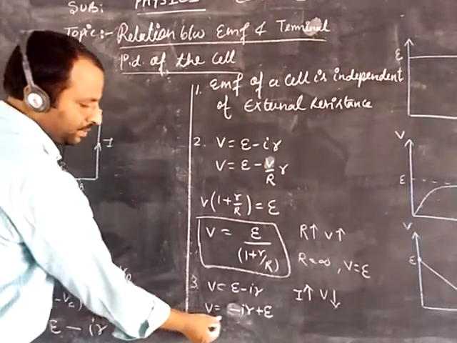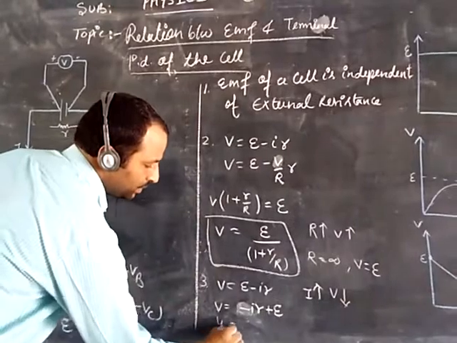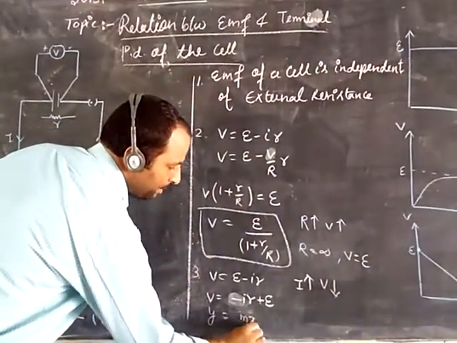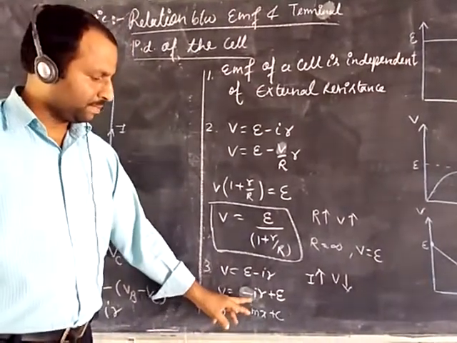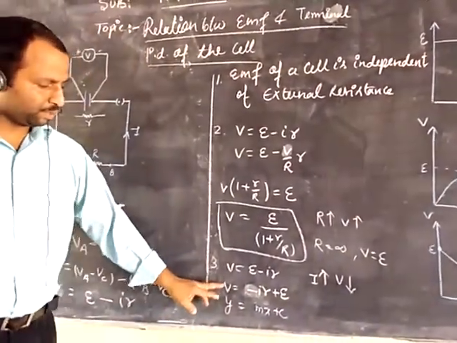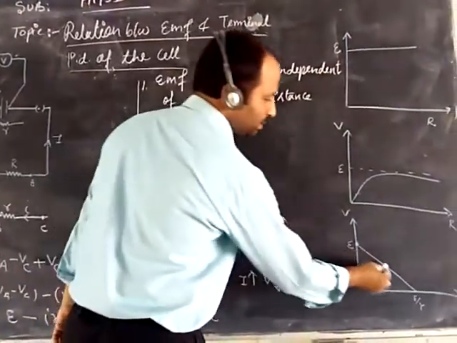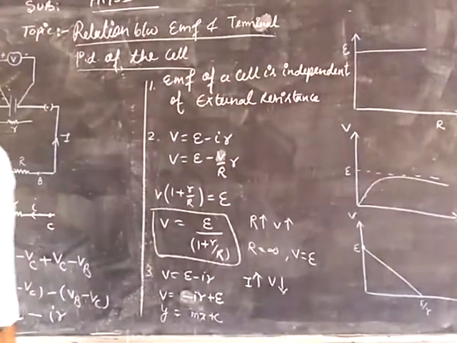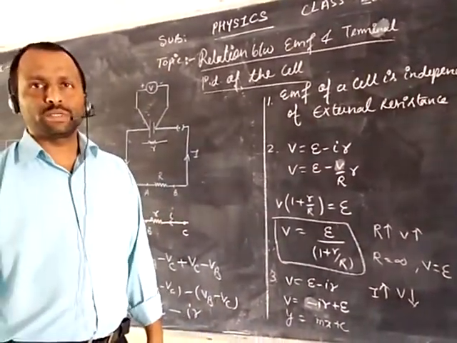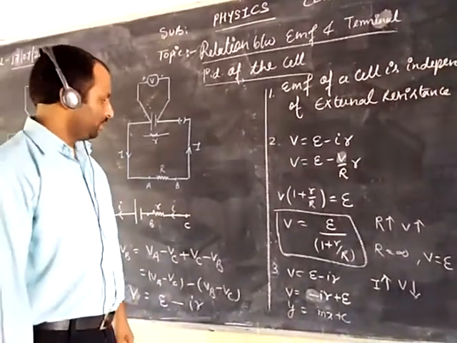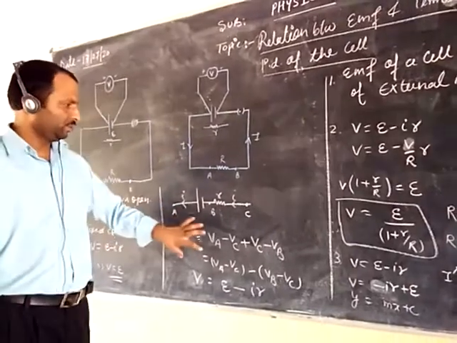If we compare this equation with y is equal to minus mx plus c, m is the slope, that is minus r, with the voltage on the y axis. So we observe that the graph is of decreasing nature. These are the three graphs which are sometimes asked as 2 marks questions in the CBSE board exam. And this relation you can derive through either this method or the earlier method.